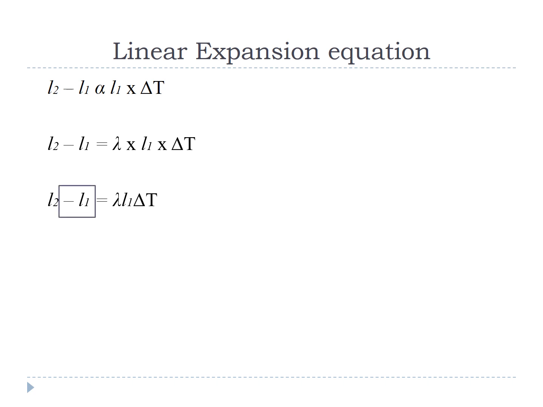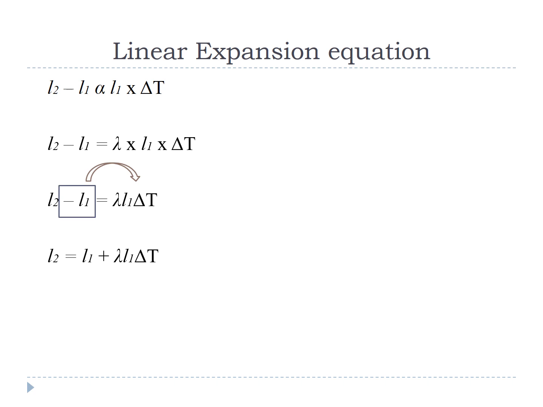Now, on the left hand side, I have minus L1. What do I do? I take it to the right hand side. So when I take it to the right hand side, I get L2 is equal to L1 plus lambda L1 delta T. Now if you see, on the right hand side we have two terms, and in both of them there is L1.